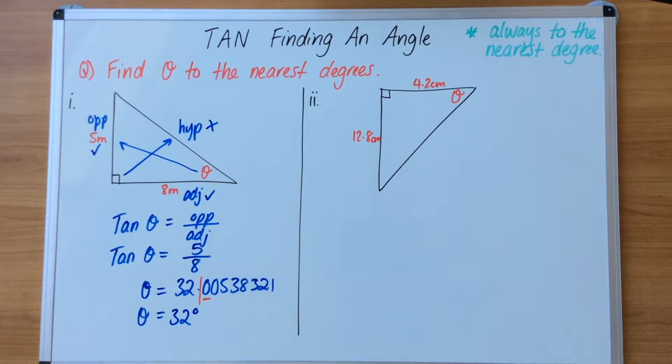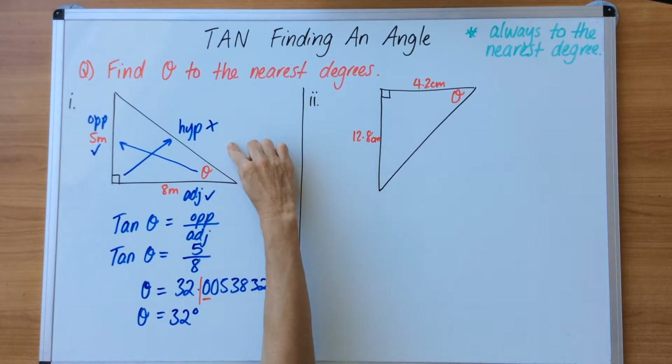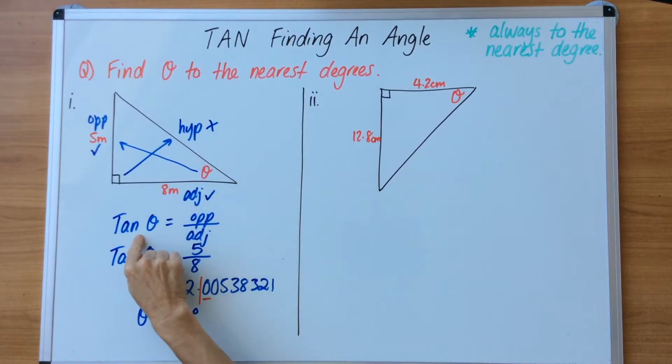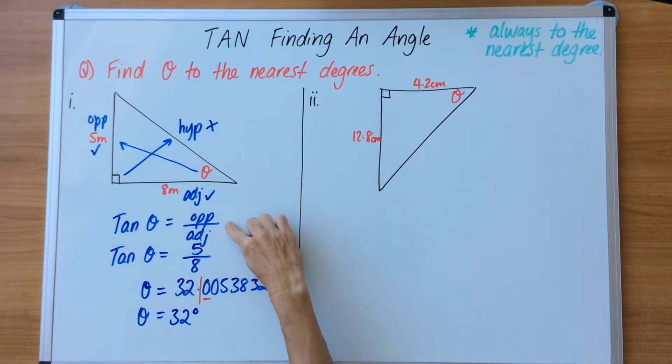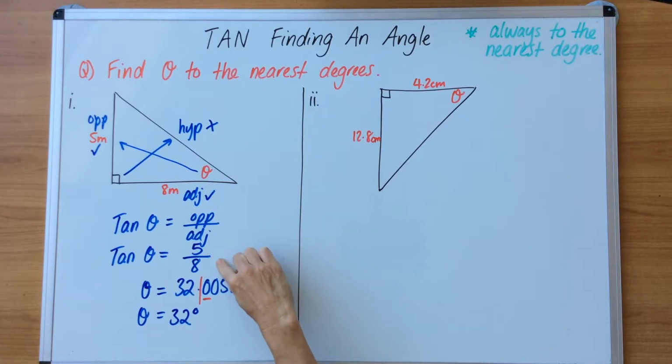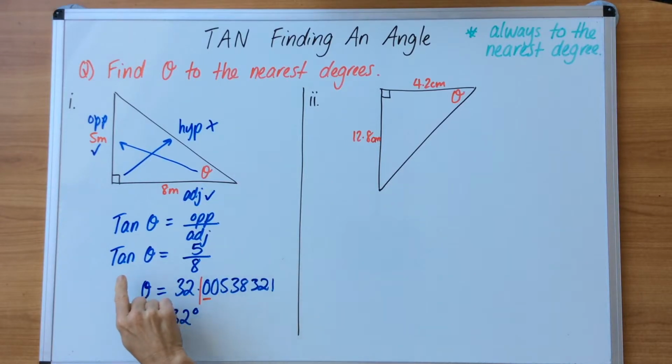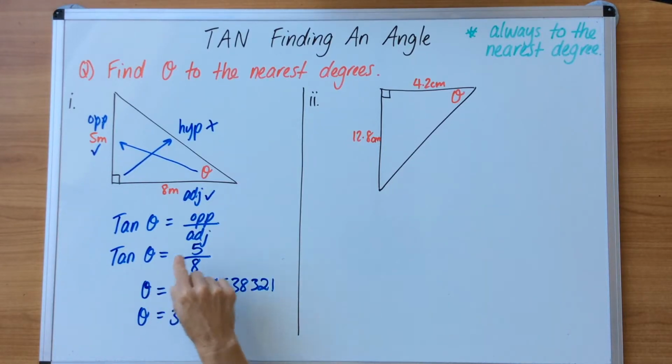So just to repeat what we've done here: we label the triangle, we figure out from the information that it's going to be a tan button, we write the rule, tan theta equals opposite over adjacent, we substitute in the values, we then calculate, second function, tan 5 ABC fraction button 8 equals, we write the whole answer out, and then we round to the nearest whole degrees.